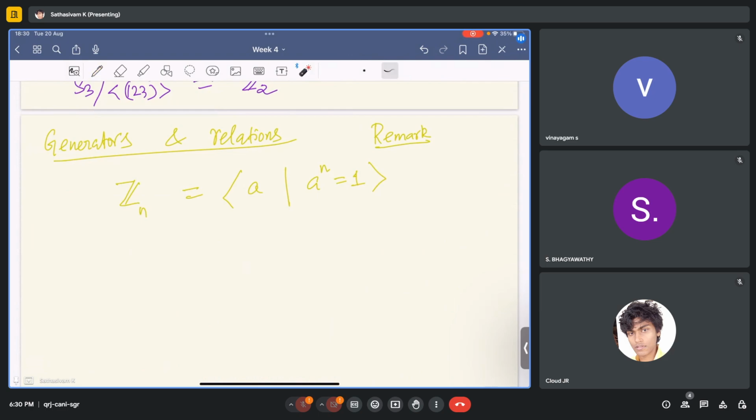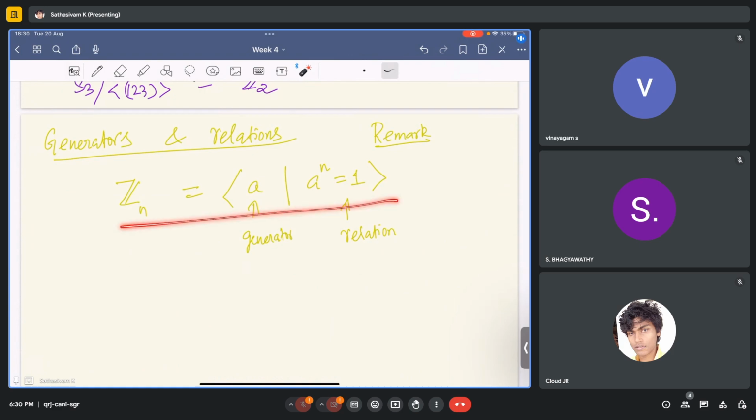This element is called the generator, and this is called the relation. So any group can be written with a generator and a relation. That is one of the theorems. When you study free groups, you will study all these things.